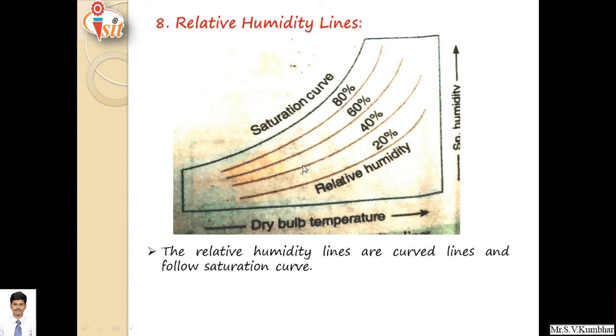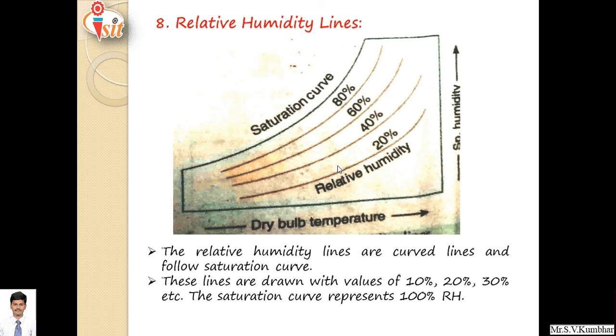If you observe, there are 80%, 60%, 40%, 20% relative humidity lines. These lines are drawn with values of 10%, 20%, 30%, and so on. The saturation curve represents 100% relative humidity.